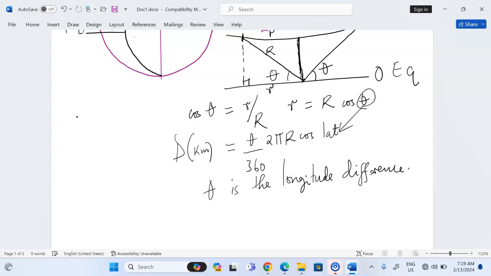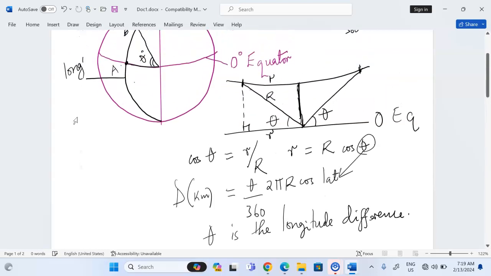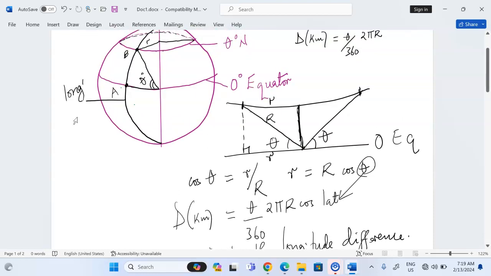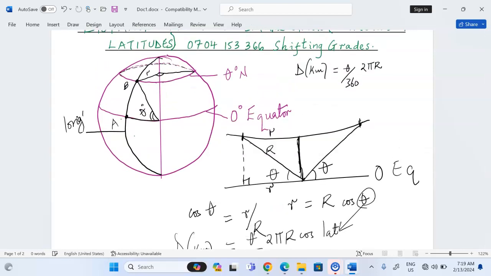Because for such a case, the longitude difference is going to give us the angle at the center. So I'm taking two places, one here and another here at B. Therefore, the angle at the center will be the difference between the longitudes of the two places. That gives us the angle at the center.